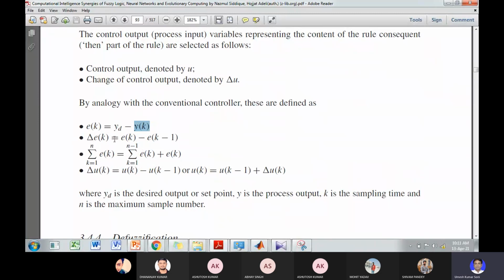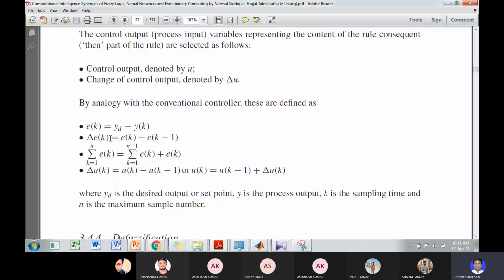Okay, and here you have the difference of error, that is the derivative type of control error. So here Ek and the previous sample are subtracted from each other. So Ek minus Ek-1 will define the del Ek.